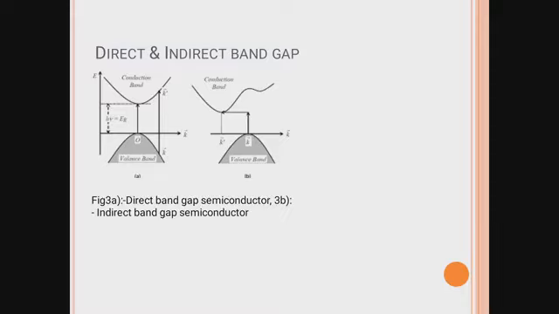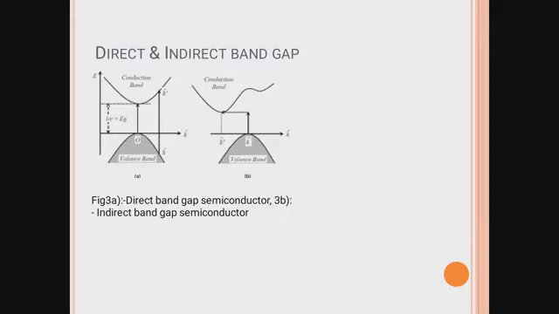However, the top of the valence band where the valence band is maximum and the bottom of the conduction band where the conduction band is minimum are not generally at the same value of electron momentum.